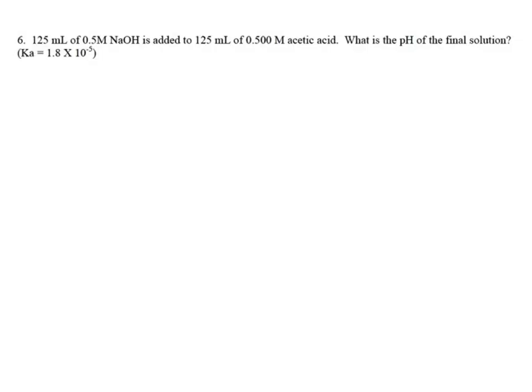Okay. Next, 125 mils of 0.5 molar NaOH is added to 125 mils of 5 molar acetic acid. What's the pH of the final solution? And it's giving us a Ka there. All right, so deal with the hydroxide.